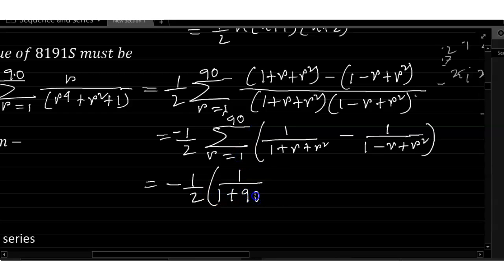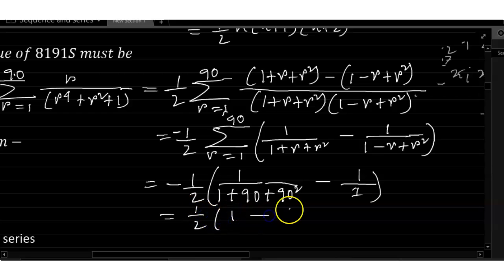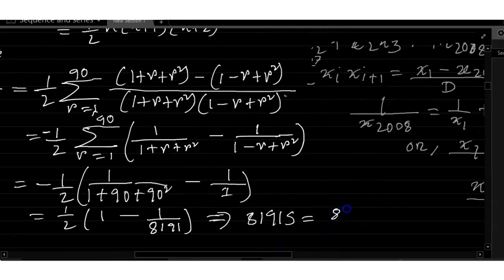So this value will come, and that implies 8191 S equals 4095.